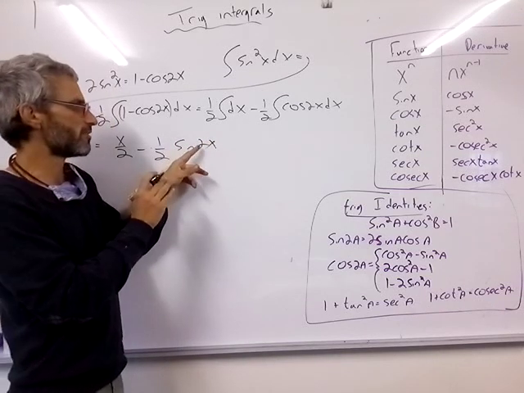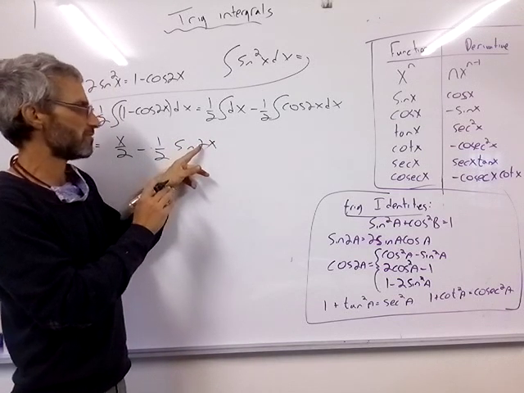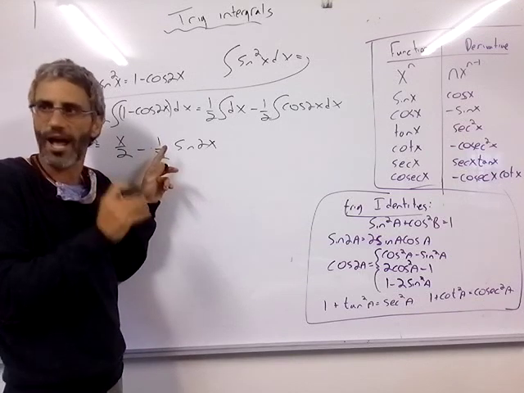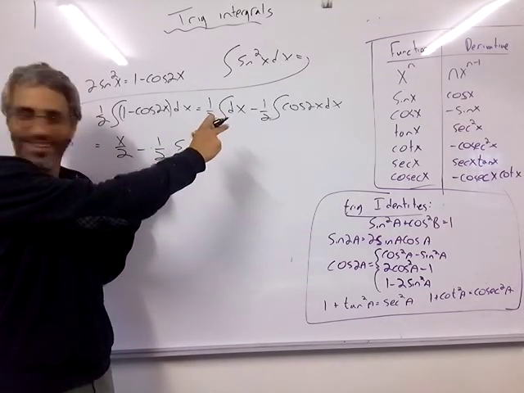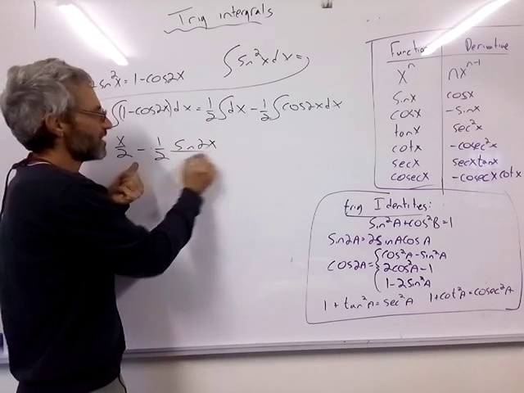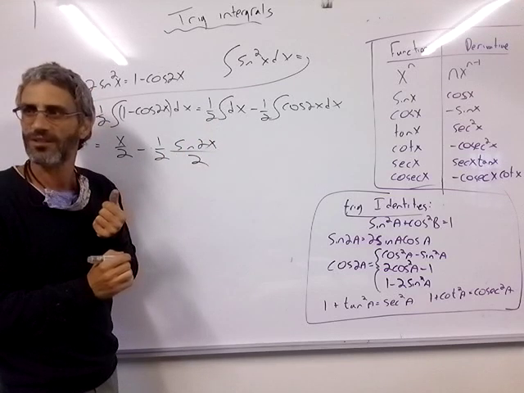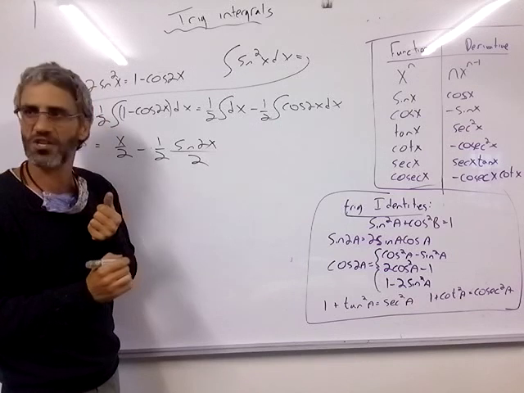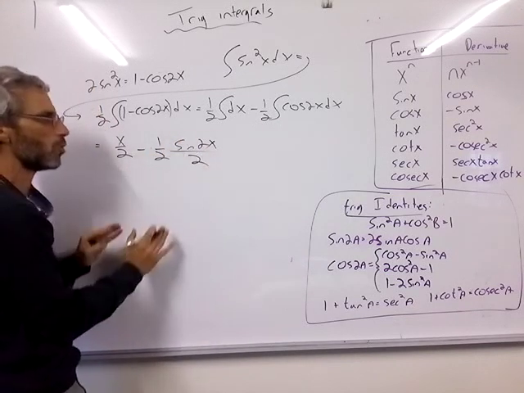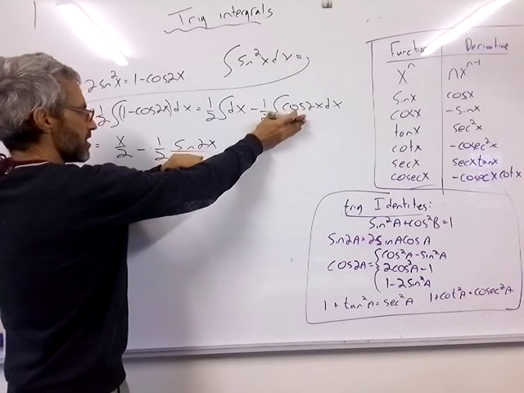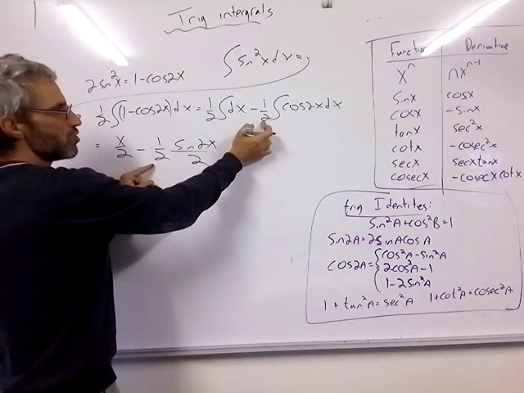But if I just left it like that, what will be the derivative? The 2 will jump out. So I need to have something ready to eliminate it. Not this half, because this half should be there anyway. I need to divide by 2, so times by another half. Can you see that? I put that half there because it should be there.